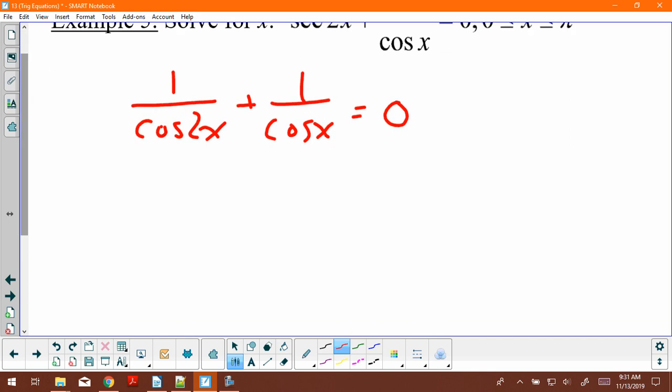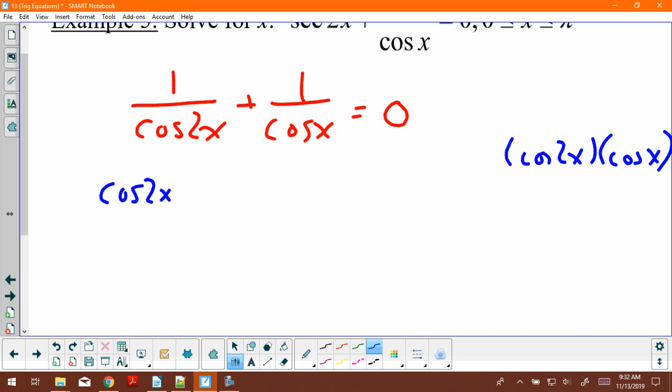I would like to clear out those fractions. So I can multiply, we'll start with the cos 2x. Basically, to clear out those fractions, we're going to multiply everything in this equation by cos 2x cos x. On the right-hand side, it's times 0, so that's not going to really do anything.